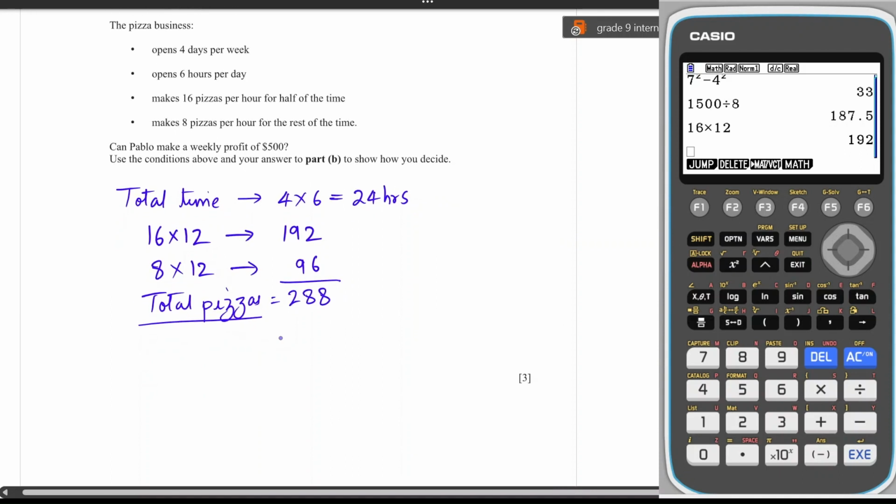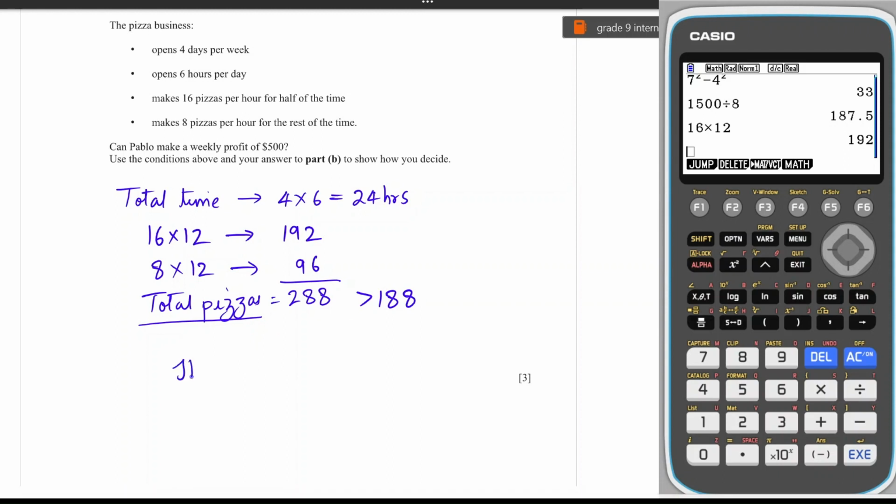And as this is greater than 188, you can definitely make a profit. So hence, he can make a profit of more than $500.